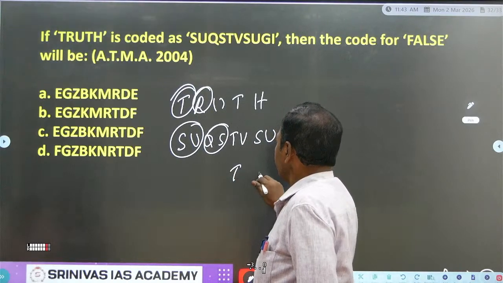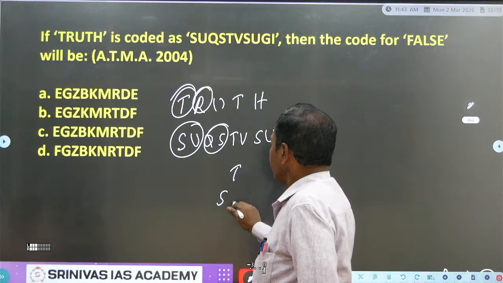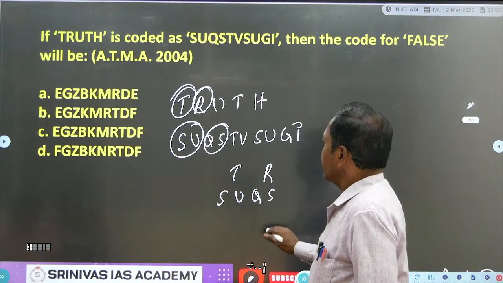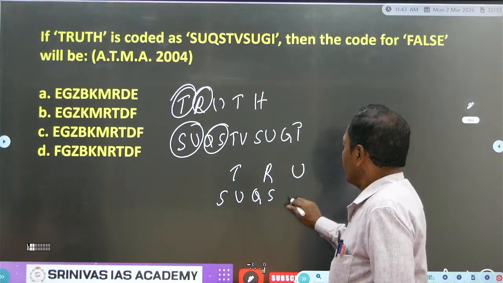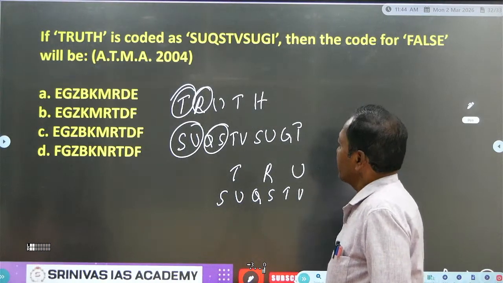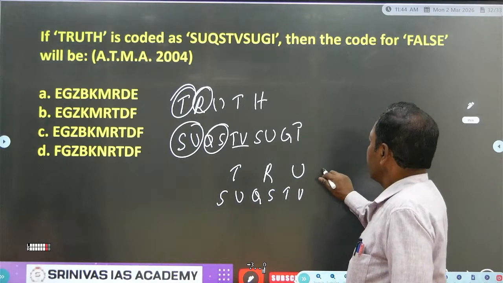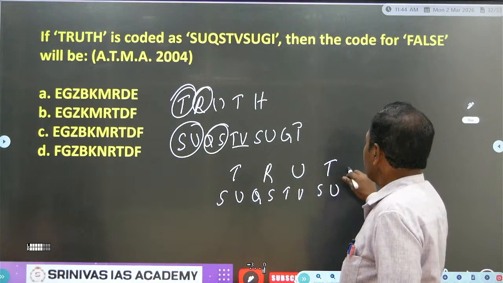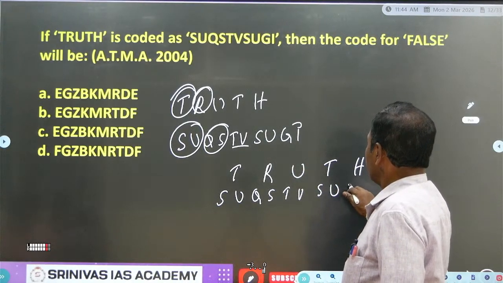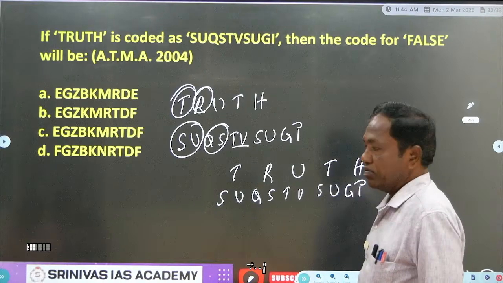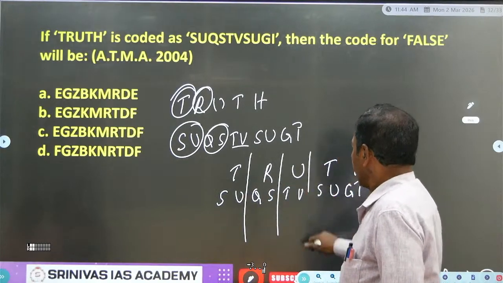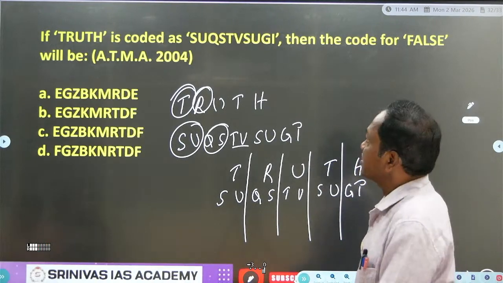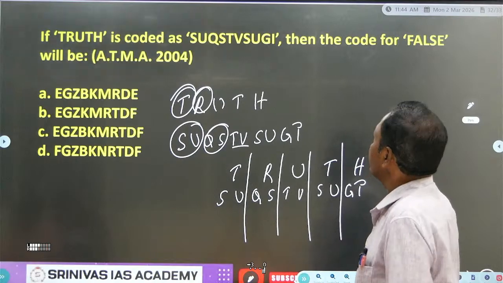For S, TUV; for T, STU; for H, GHI. Previous letter, next letter, or minus 1, plus 1, either way.